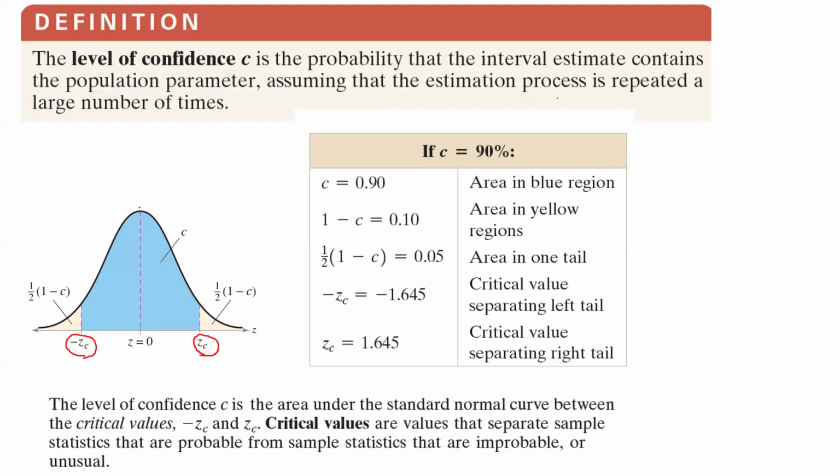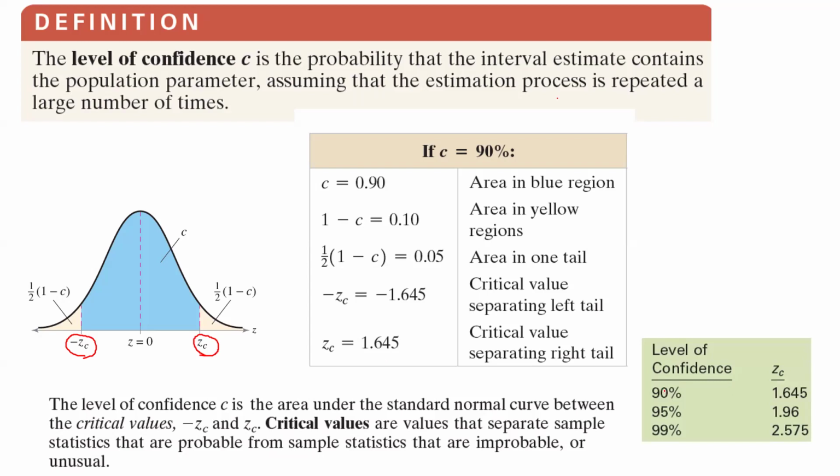This is the total area, which is 100%, minus C divided by 2 is the area to the left, the area to the right. For example, if you have 90% level of confidence, 10% divided up into two proportions, which is 5% to the left, 5% to the right. The critical value, or ZC, on the left is negative 1.645, on the right is 1.645.